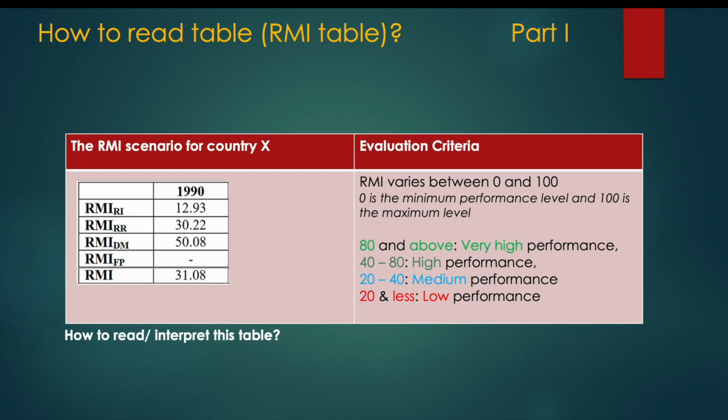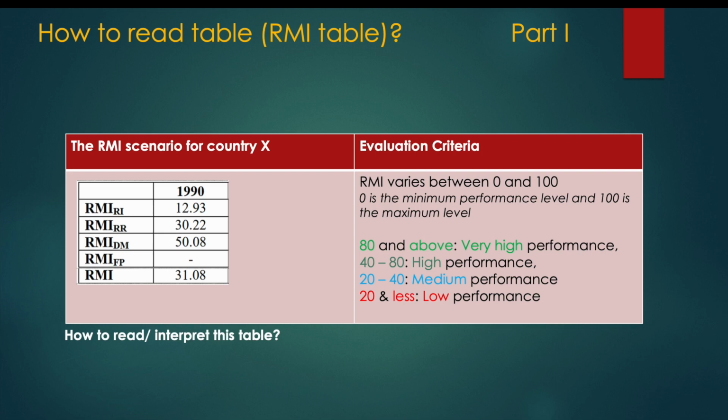So in country X, in terms of RI, that means risk identification, the score is 12.93. So in terms of RI, the country X's performance is very low performance. In terms of RR, the country's performance is medium performance, 30.22. In terms of DM, the country's performance is high performance, because there is 50.08.